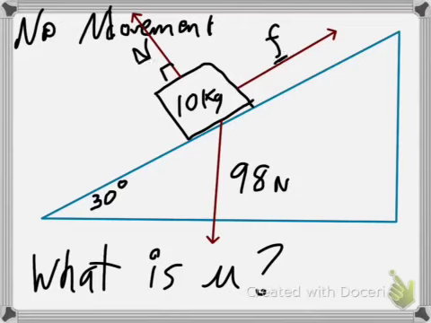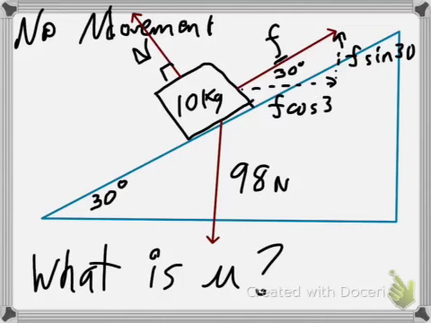So friction can be split up into a horizontal component and a vertical component, where this is 30 degrees, making this F sine 30. And this F cosine 30.